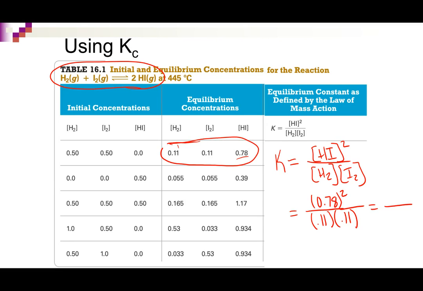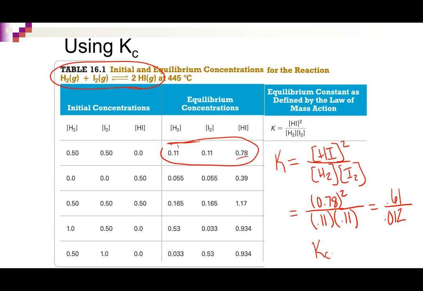Let me just clean this up a little bit. I'm going to take first 0.78 squared, which we'll call 0.61 because I'm running out of room. And then we'll take 0.11 times 0.11, and that is 0.012.